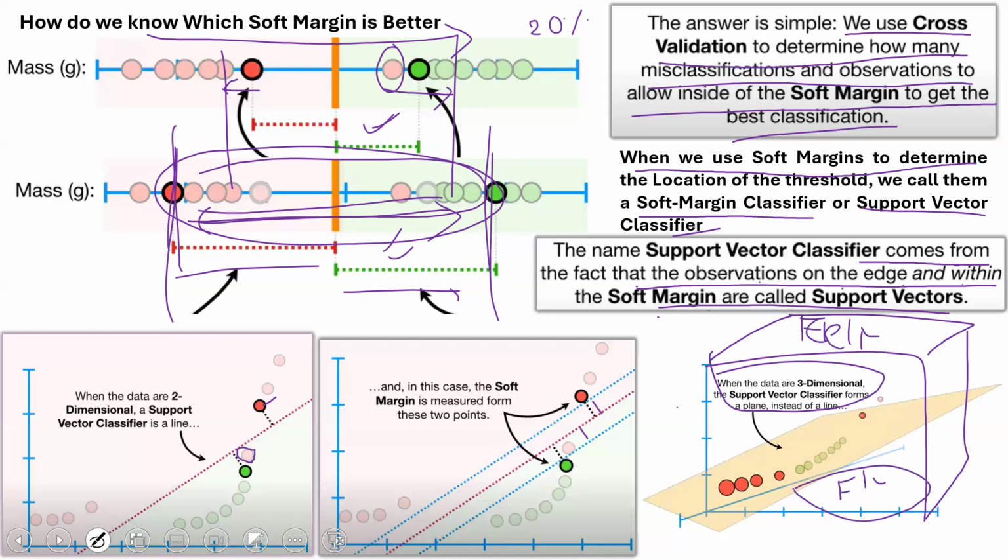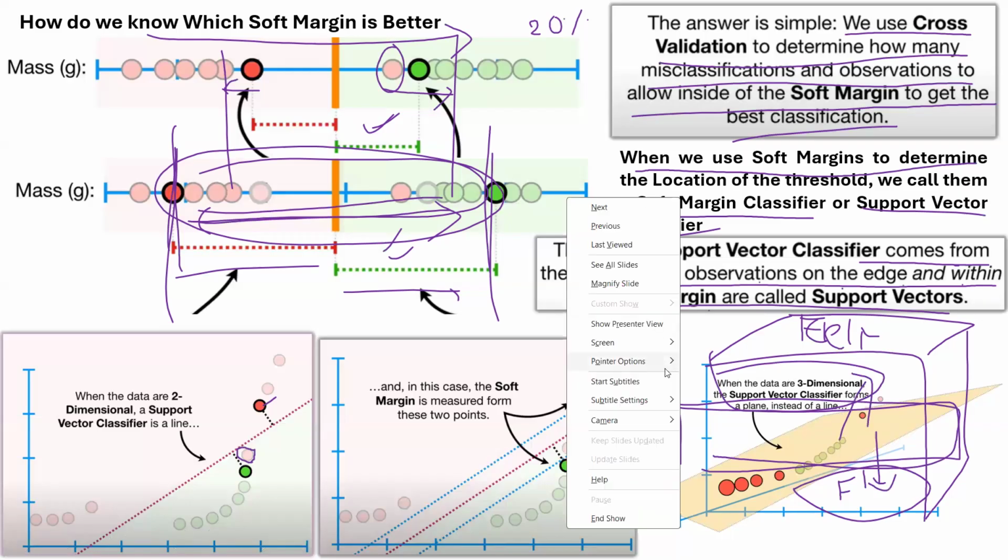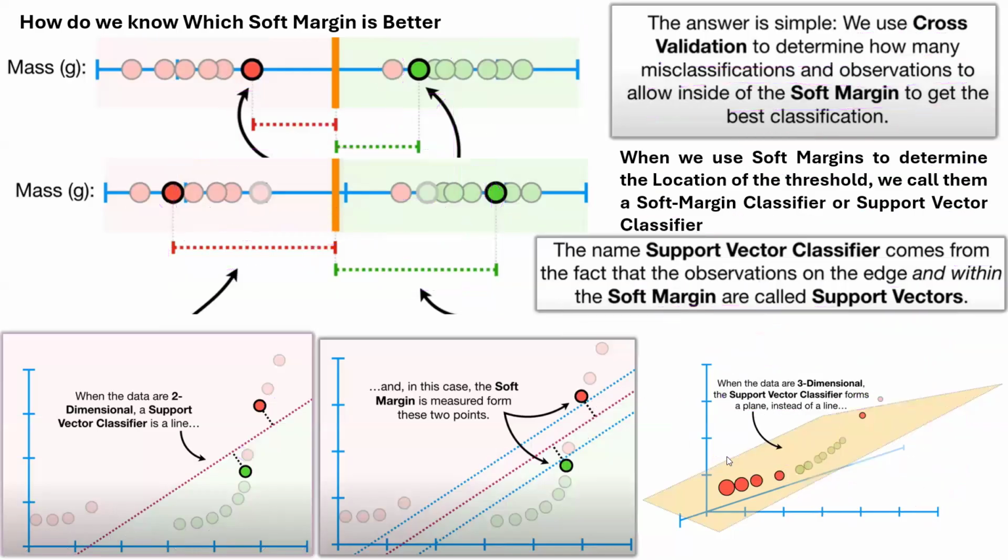Now if you insert a plane here, or if you keep some cardboard here vertically in the room, the points above that will fall under one class, and the points below that will be for the other class. So this is the plane that is actually differentiating the points in a 3D space. Okay, so that is called a plane. So a line in 2D will become a plane in 3D and will become a hyperplane in higher dimensions.